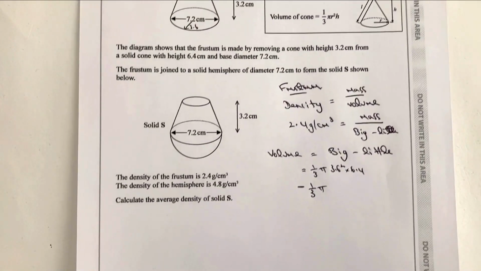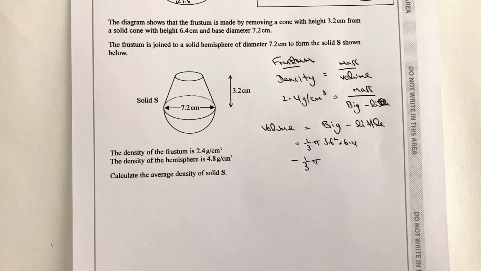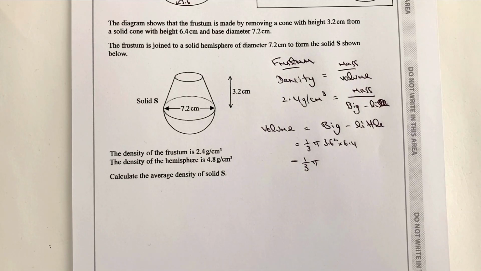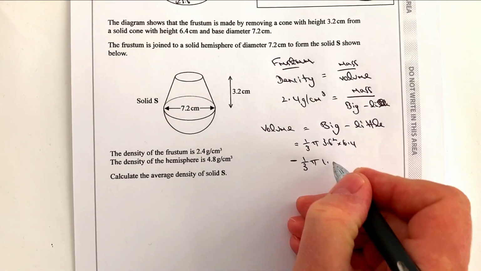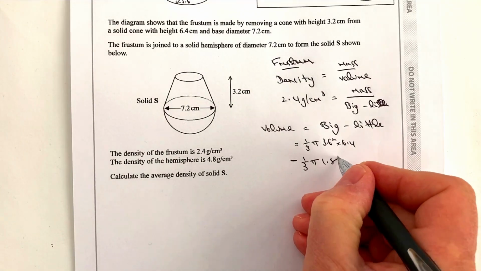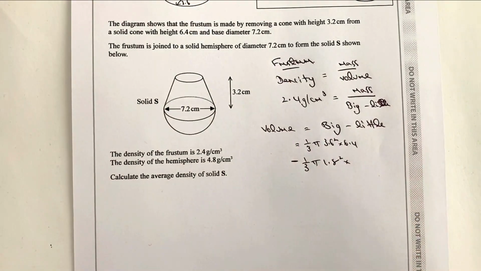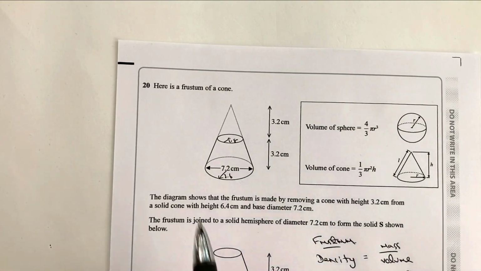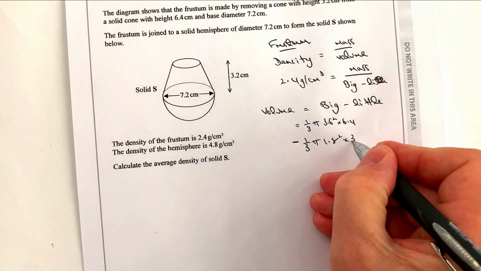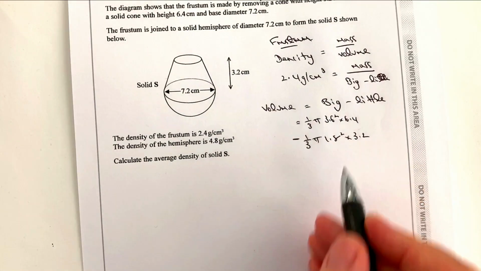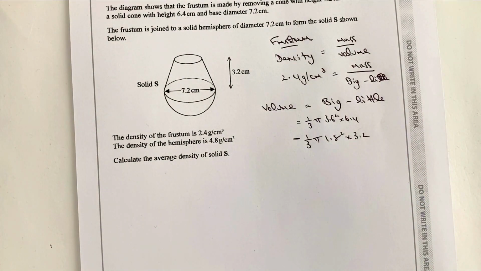So let's move on. We've got minus a third pi, and we're going to use the same 1.8 ratio, but this time 1.8 squared for the radius, and the height, remember, it's the little cone, is going to be 3.2. Okay, so 3.2.